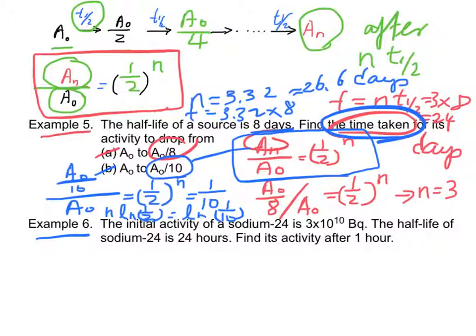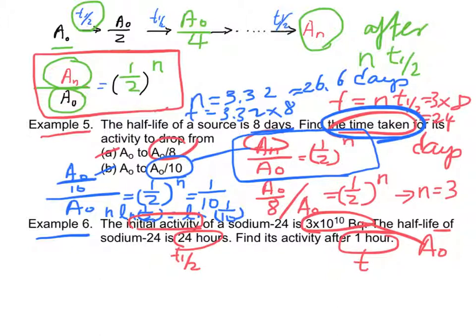Example 6. First, we have initial activity A lot equal to 3 times 10 to the power 10 Bq. The half-life is equal to 24 hours and the time taken is 1 hour. Therefore, the number of half-lives taken n equal to 1 over 24.